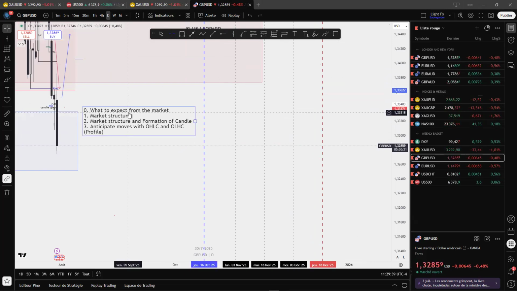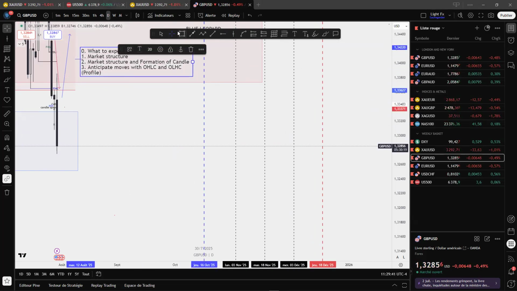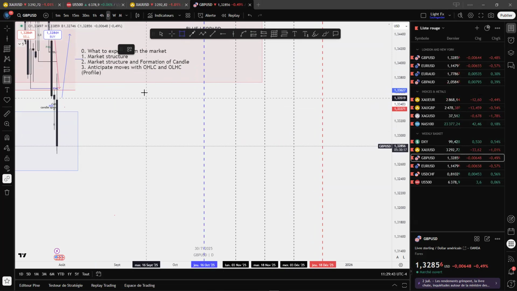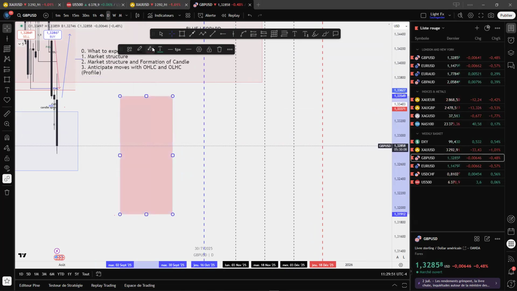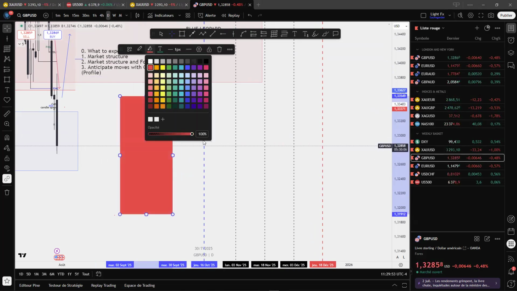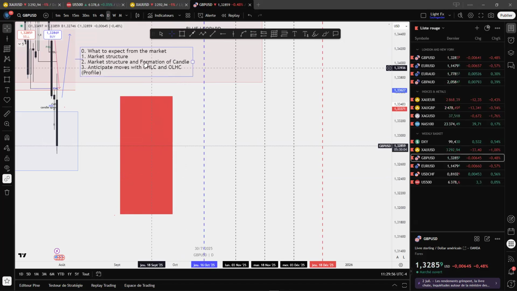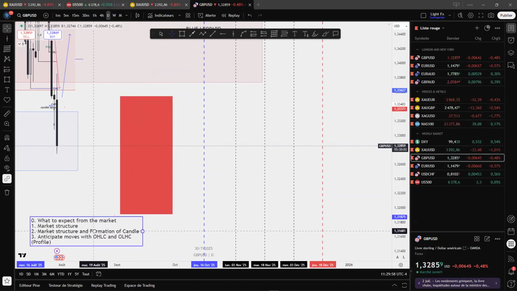Now let's imagine this is our candle. We're going to take an example of a bearish candle, okay? We used bullish candles too much. Now let's choose something else. We're going to take this red candle, okay? We all have it, right?